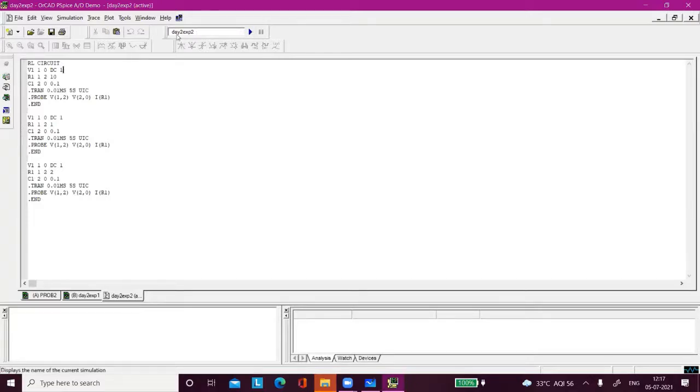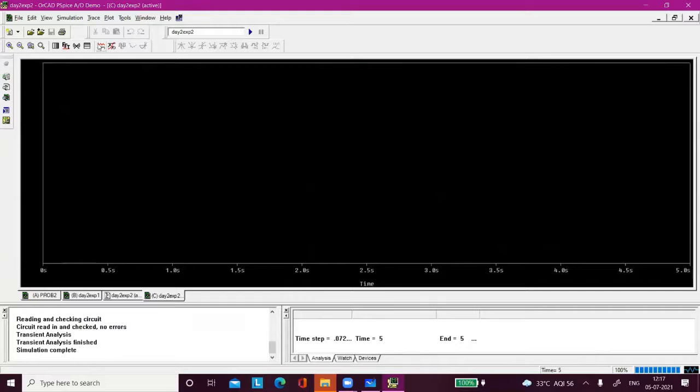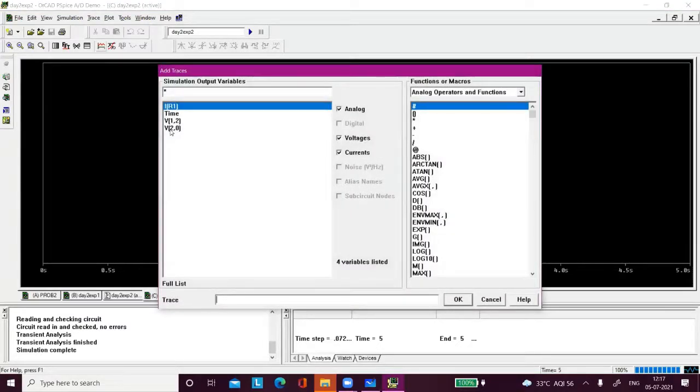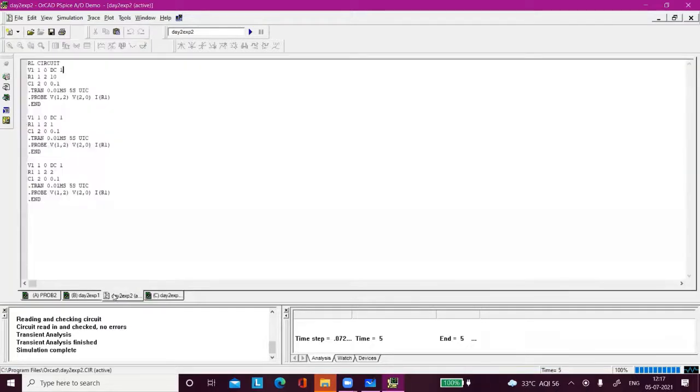Okay, now run. Look, circuit experiment 2. Let us plot the voltage across the capacitor. The capacitor will charge to the applied voltage. Look, this is V20, the capacitor. It is charging. This one takes the minimum time to charge to 1 volt, and this one takes the maximum time, right?